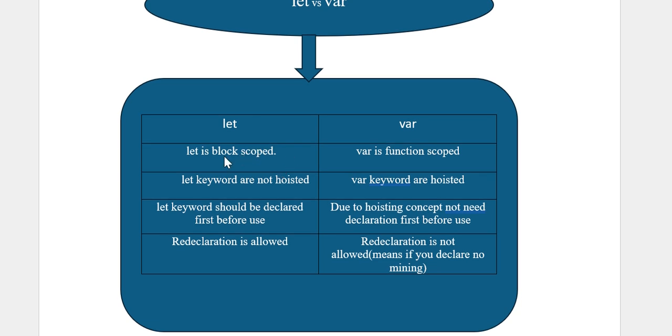Let is block scoped and var is function scoped. Let is not hoisted, whereas var is hoisted. Third, a let variable should be declared before use, but because of hoisting this is not mandatory with var. Redeclaration is not allowed using let, but redeclaring a variable using var is allowed in the function scope.